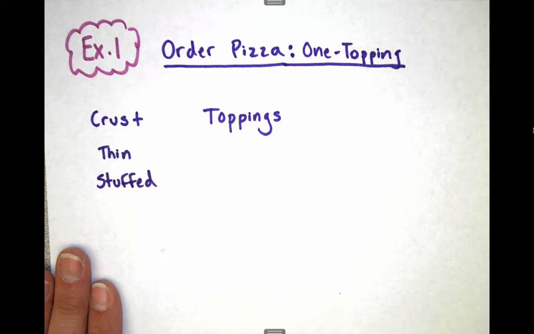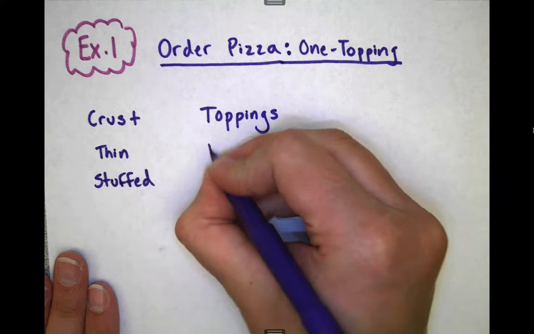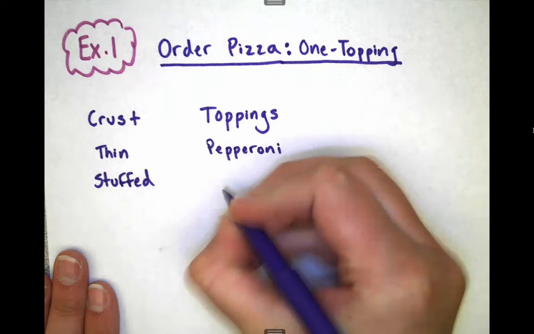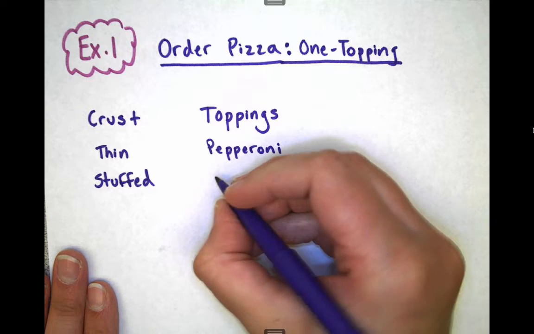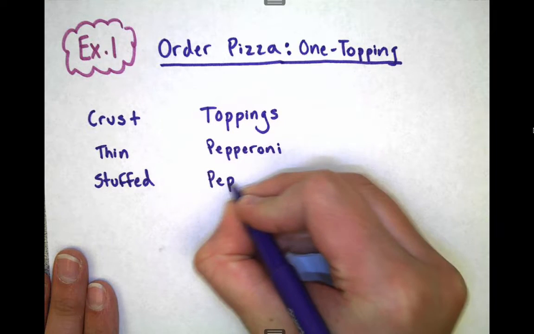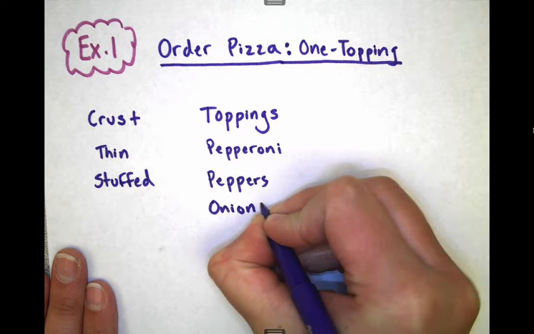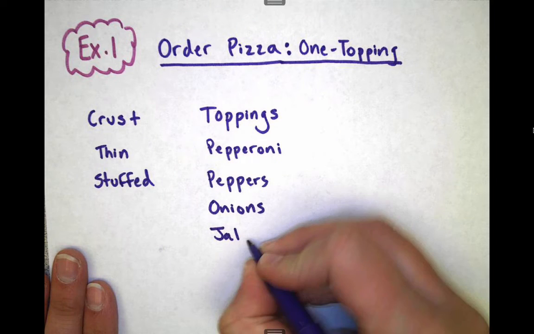And then toppings, they have a whole list of toppings and choices. You can do pepperoni. You can get any kind of veggies, really. So our veggie choices are you can do peppers, you can do onions, you can get jalapenos and go for some spice.